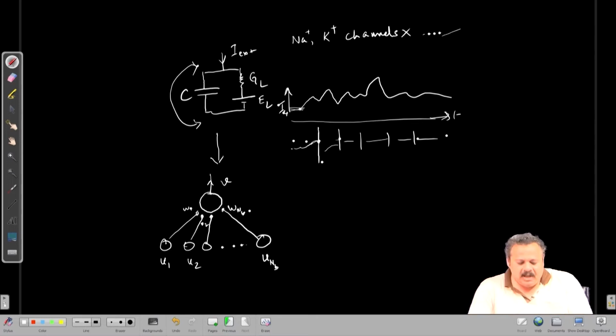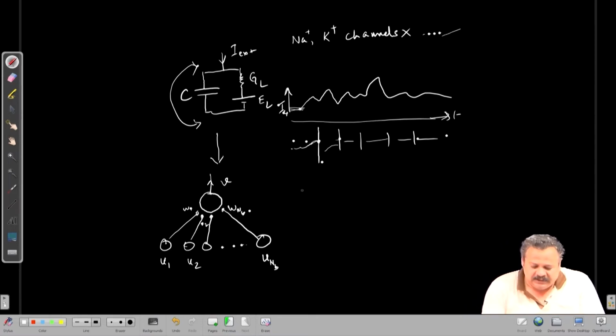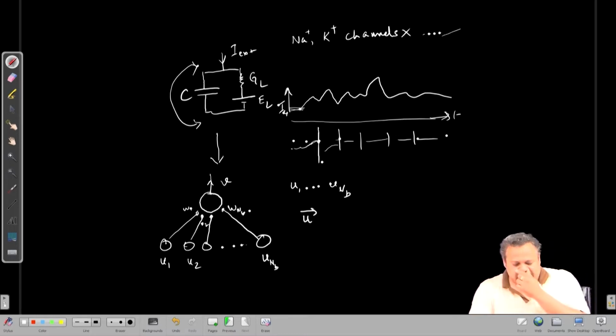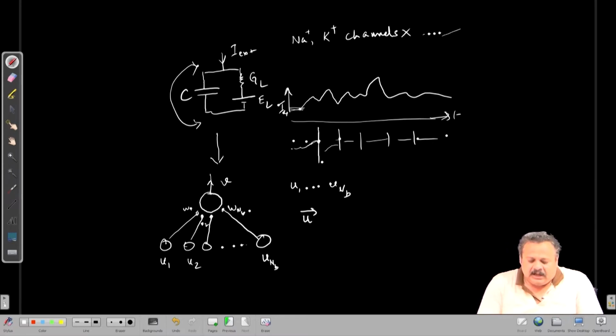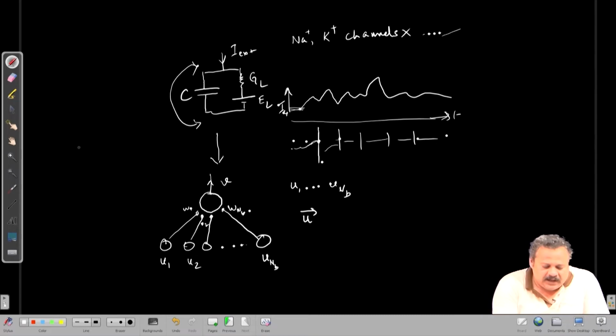So, the input activity is represented by U1 up to UNB, and hence we can represent it with a vector U, the rate responses or the rate of inputs of the presynaptic neurons. And the postsynaptic neuron V takes these inputs.